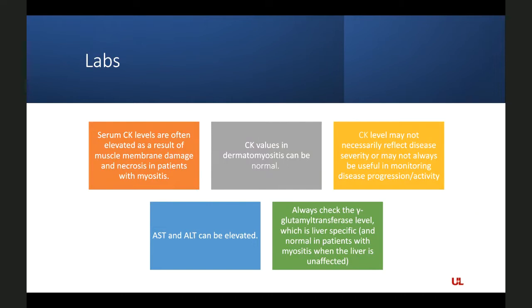It can be normal or it can be less than 1,000. You can also have AST, ALT elevation because it can affect the liver, and it's important that we check GGT, which is very liver specific in patients with myositis. The patients who do not have liver involvement, the GGT will be normal.